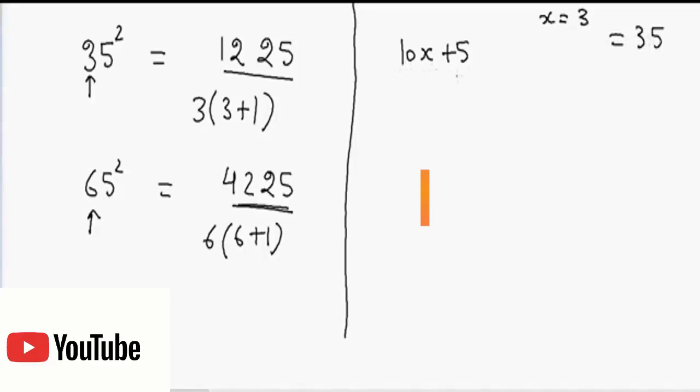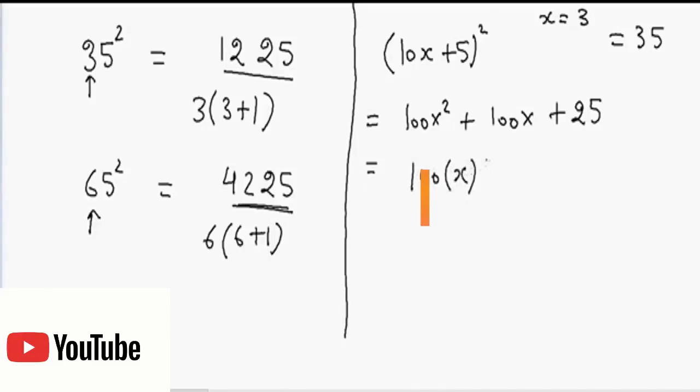Now if we square 10x plus 5, that will be equal to 100x squared plus 100x plus 25. If we solve this, that will be equal to 100 into x into (x plus 1) plus 25.